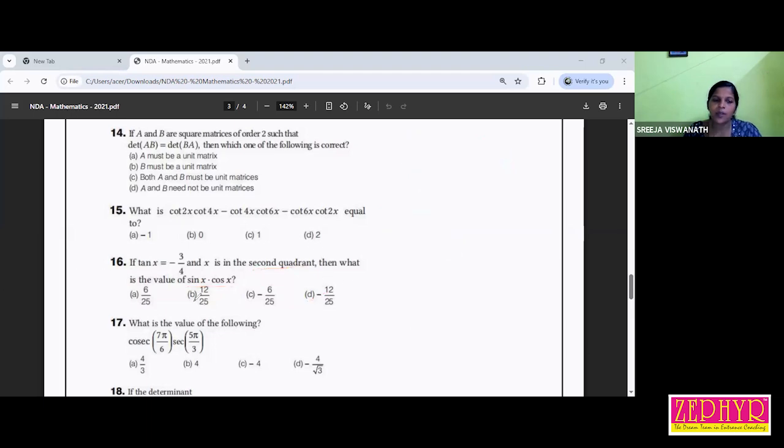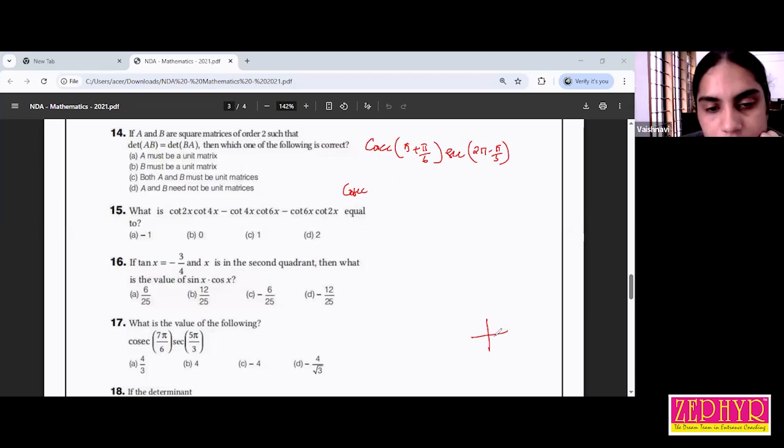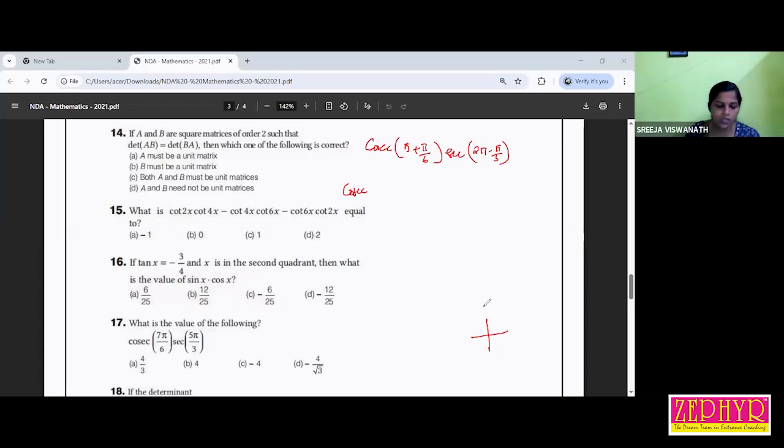What is the value of cosec 7 pi by 6 into sec 5 pi by 3? 7 pi by 6 is pi plus pi by 6, and 5 pi by 3 is 2 pi minus pi by 3. Cosec of pi plus pi by 6 is minus cosec pi by 6, since pi plus pi by 6 is in the third quadrant.